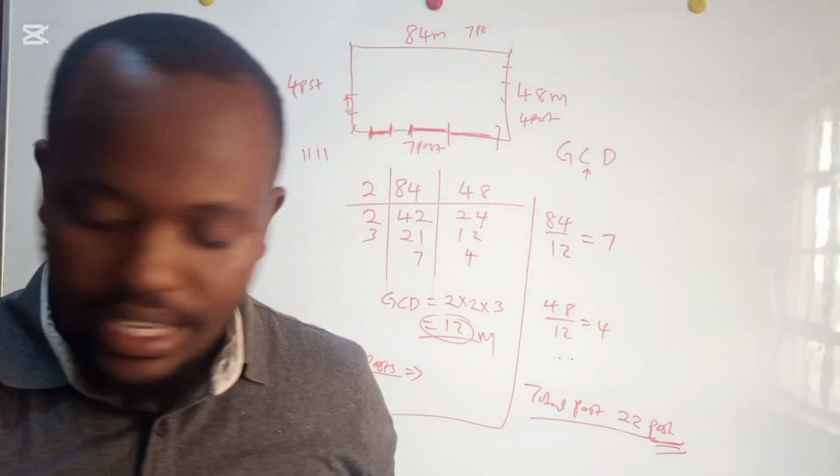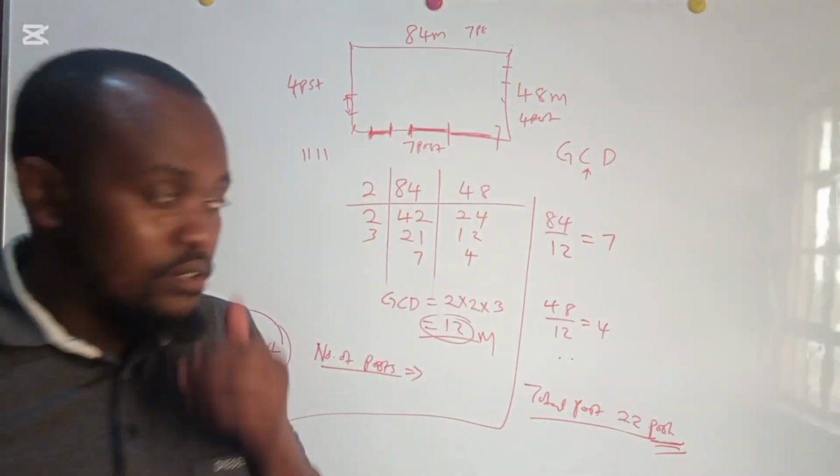The bells ring together at 8:48 a.m. Determine the time when the bells will ring together again. We are looking at the next time the two bells will ring together.